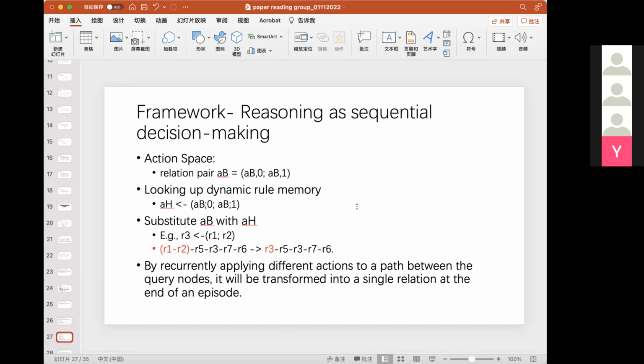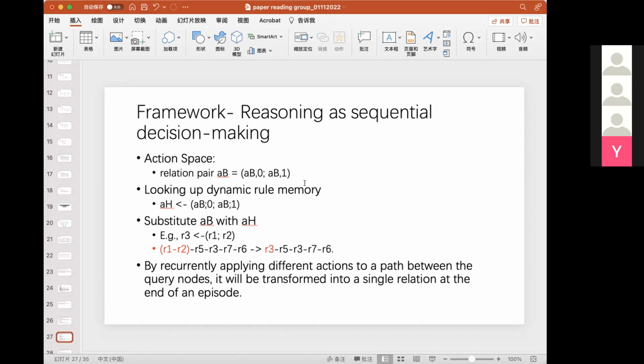First of all, we would like to introduce what the action space is for the reinforcement learning part. Here, the action space is the relation pair, and this relation pair indicates two relations in the rule body.